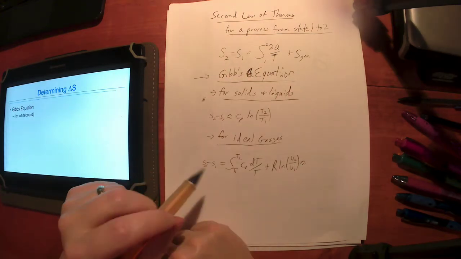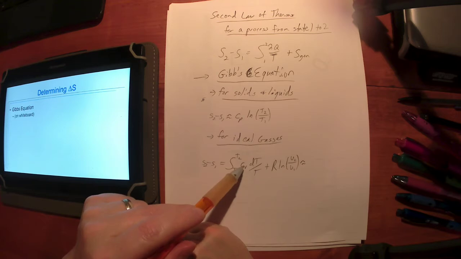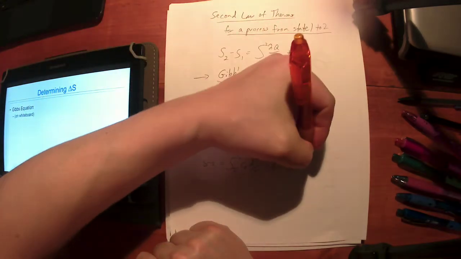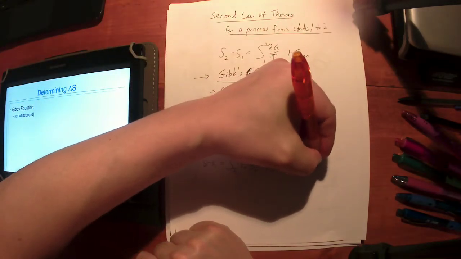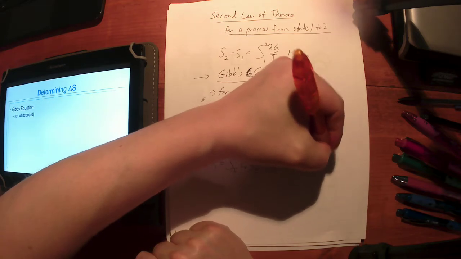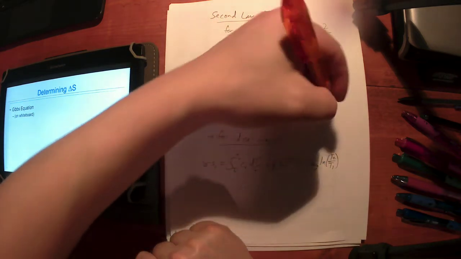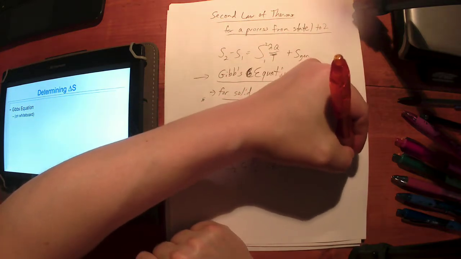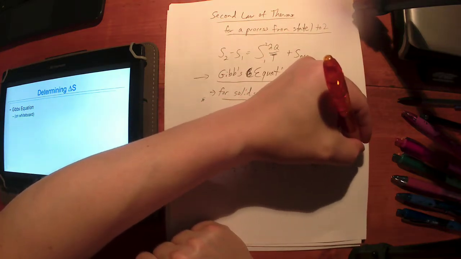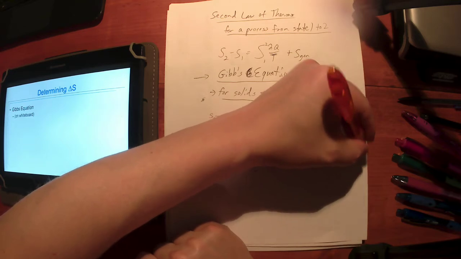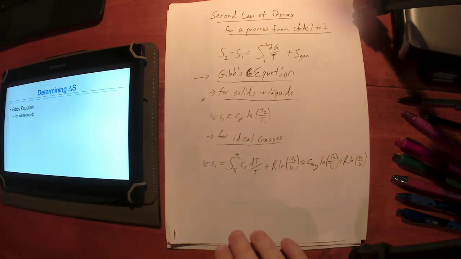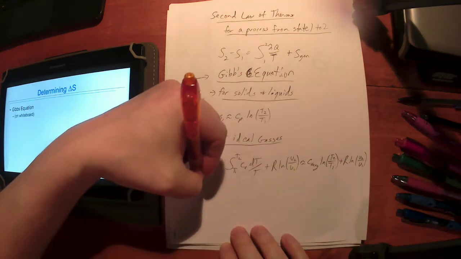And what we normally do is we approximate this specific heat as constant at the average temperature. So this is C sub V average ln T2 over T1, because the integral of dT over T is the natural log, plus R ln, and again, specific volume ratio, little v2 over little v1. That's one way to find it.